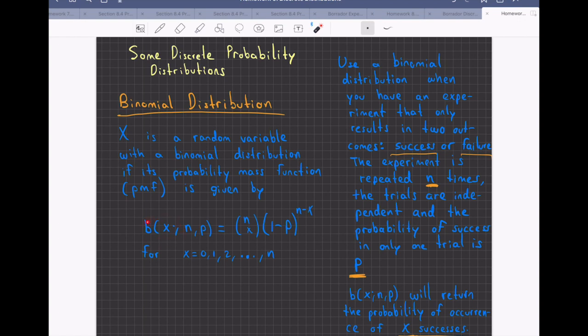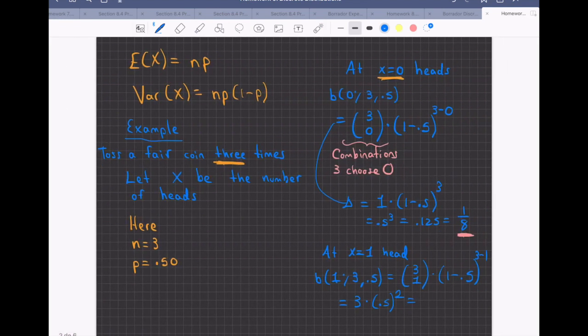In the formula for the binomial distribution, I forgot something. You have to put also p raised to the x. So n minus x, p raised to the x. So here would have to be p raised to the x.